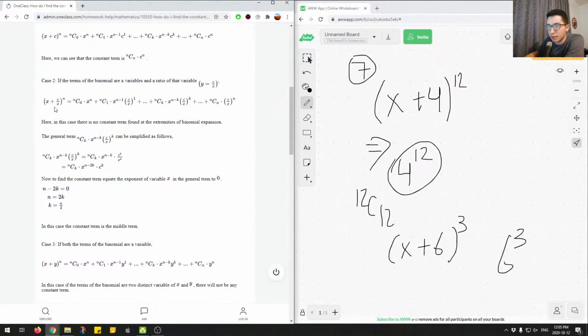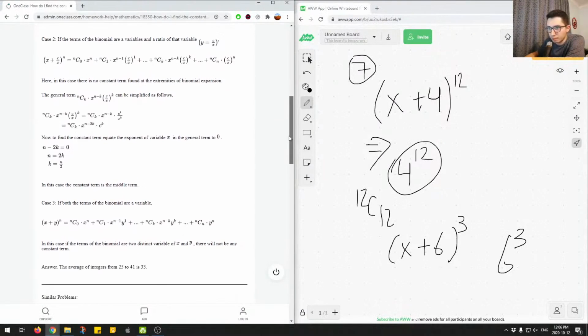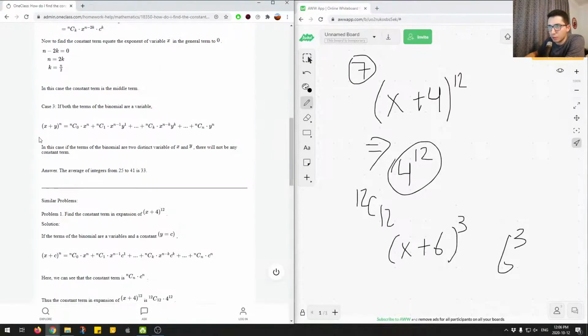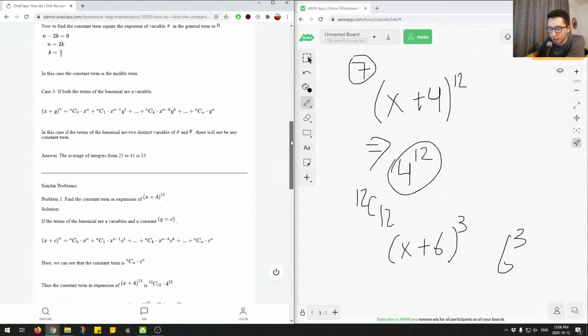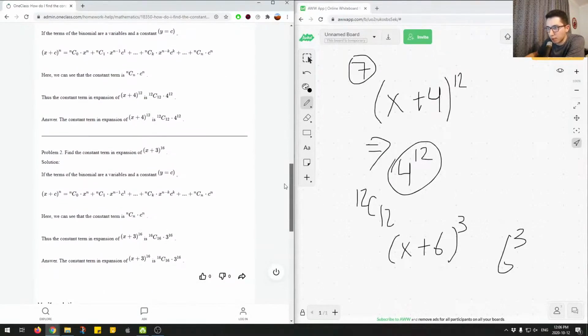If you identify that you're given this situation, then we know the constant term is in the middle, and we find it by equating n minus 2k equals 0. We get k equals n divided by 2, so it will be the middle term. And then finally, when it's x plus y, if it's given in this format and there are no constants, we know that there is no constant term. So depending on what format we're given, we can identify the constant term in a binomial expansion.